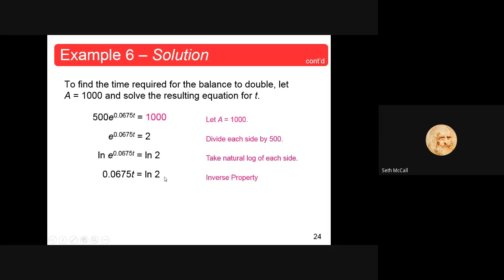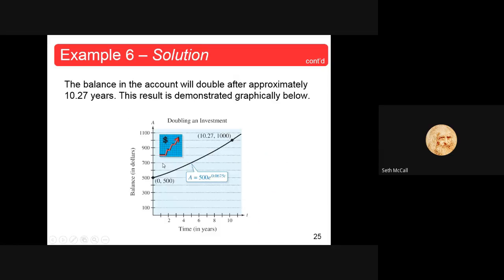From there, it's relatively simple. You just divide both sides by 0.0675. And when you do that, you get an answer of approximately 10.27 years. So about 10 and a quarter years, just slightly over 10 and a quarter. In 10 years, your investment will double.